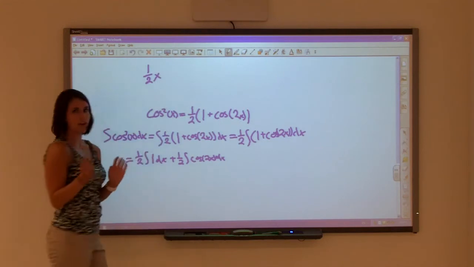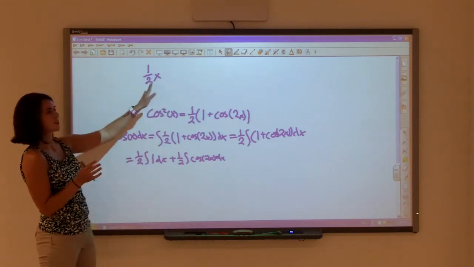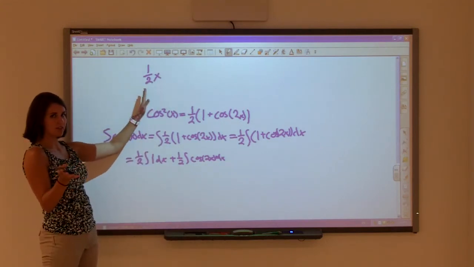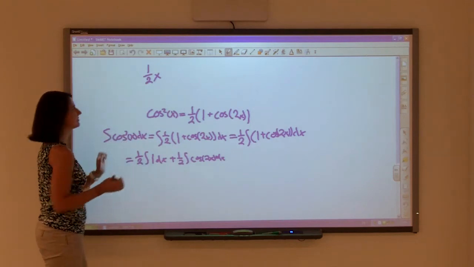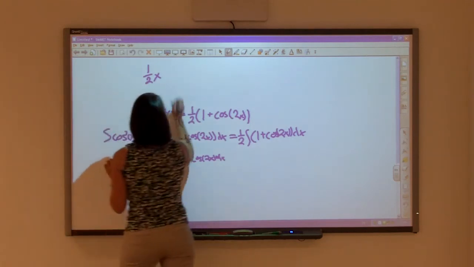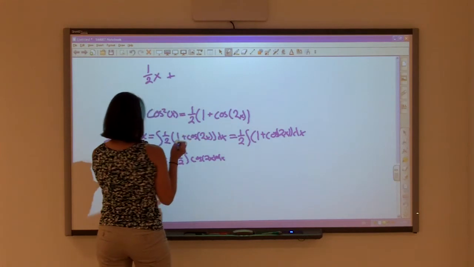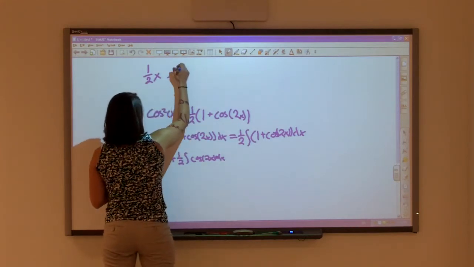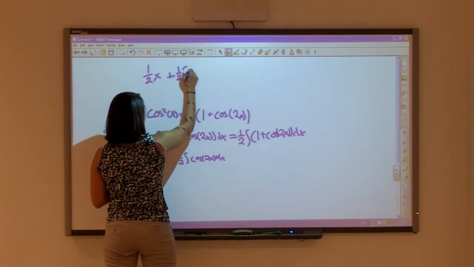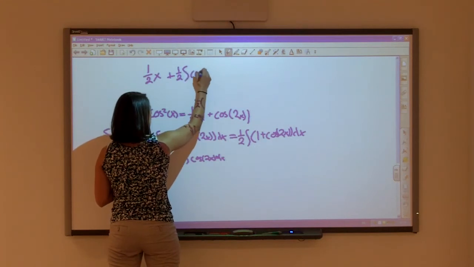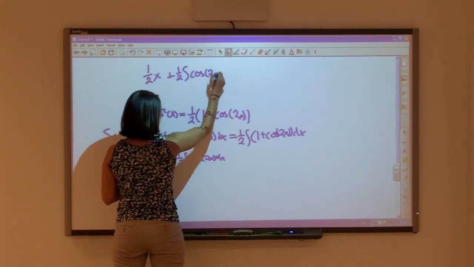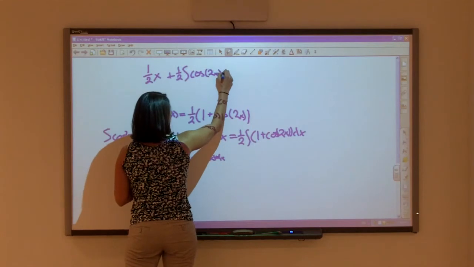Do you see where we got that? Because when you take the derivative of 1/2 x, what do you have? 1/2. All right. Now we're still going to add it to this integral right here, 1/2 integral of cosine 2x dx.